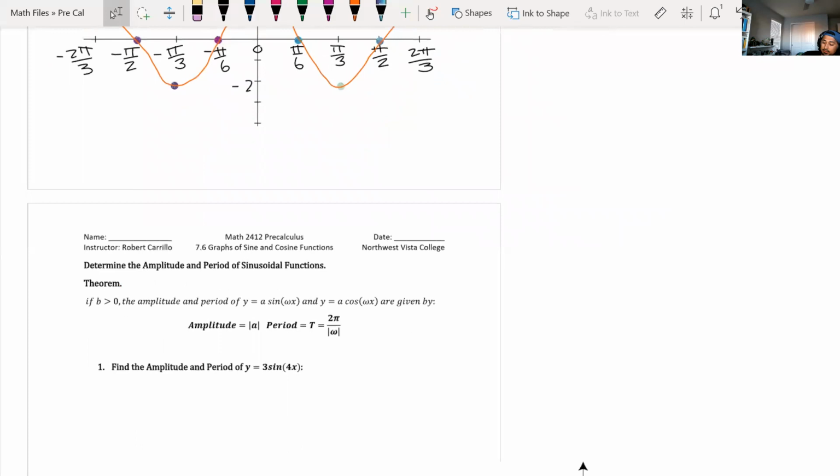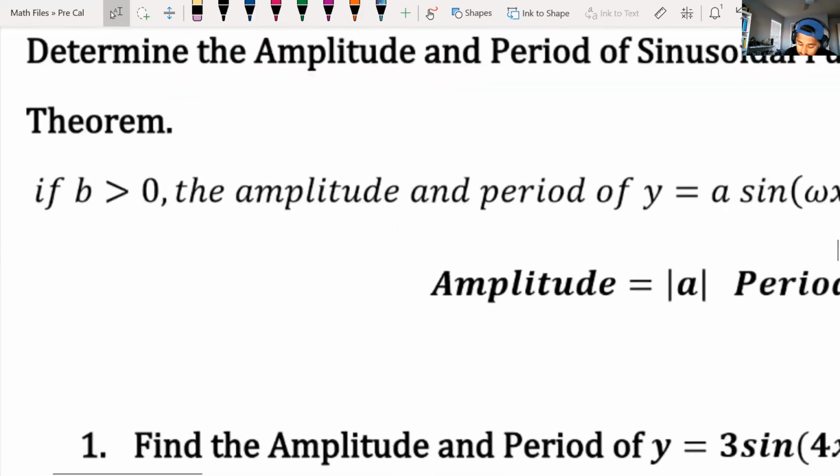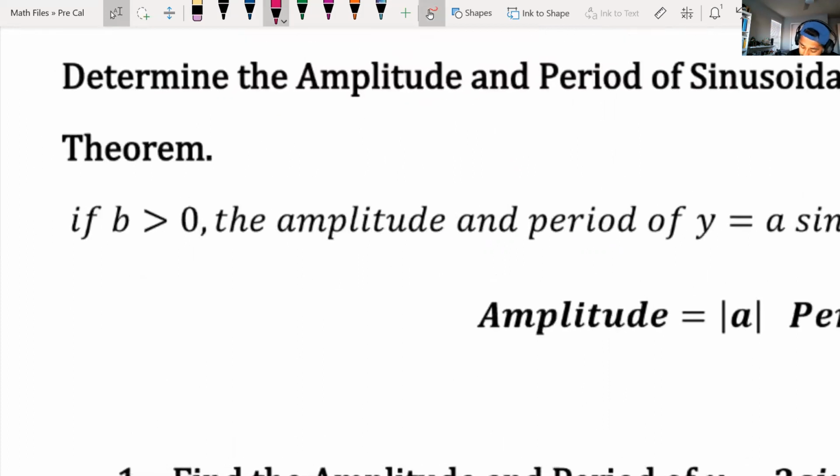All right. Next, let's go ahead and get into the amplitude and the period, finding the period of these given sinusoidal functions. So if b is greater than 0, the amplitude and period, oh, not b, I should have changed that. That should be omega, sorry. Let me write that in.